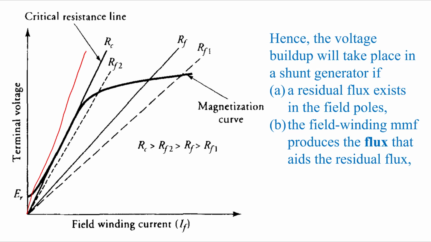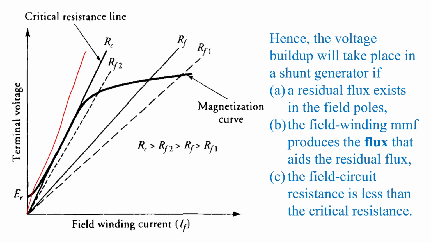Suppose your residual flux is there and you have connected the field in such a way that the current flows in the reverse direction; it will oppose the residual flux. Then what will happen? It cannot produce the EMF, right? So therefore it must aid the residual flux.